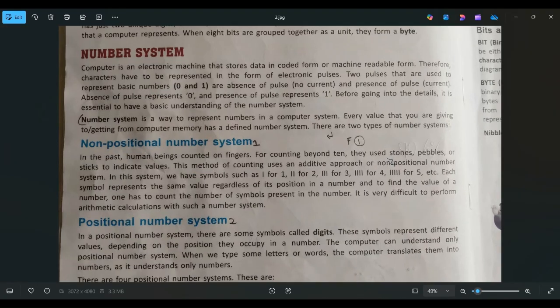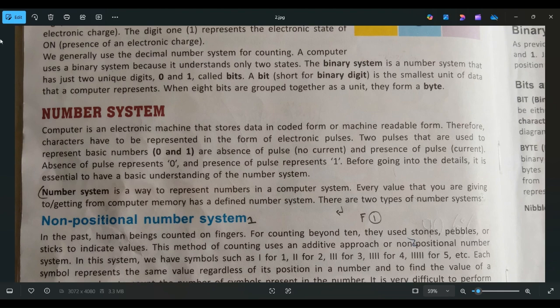On the next page, moving forward, number system. A computer is an electronic machine that stores data in a coded or machine-readable form. Therefore, characters have to be represented in the form of electronic pulses. Characters, numbers, symbols, everything. Two pulses are used to represent the basic numbers 0 and 1.